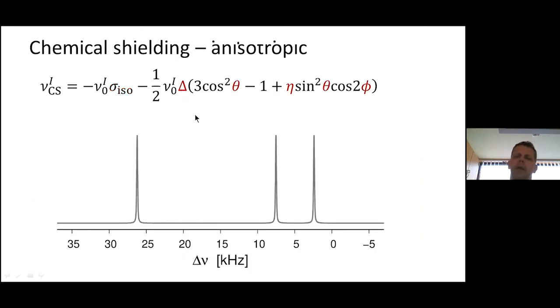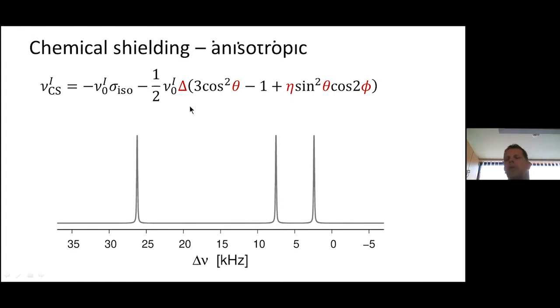Well, here we have two more important parameters, delta and eta. The first one is called chemical shielding anisotropy, and the second one, chemical shielding asymmetry parameter. In the same way as sigma iso depends on the local environment, these two also depend on the local environment.